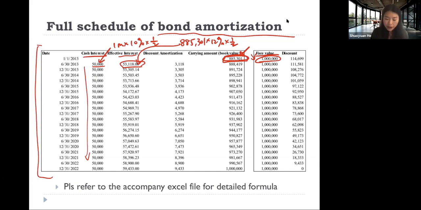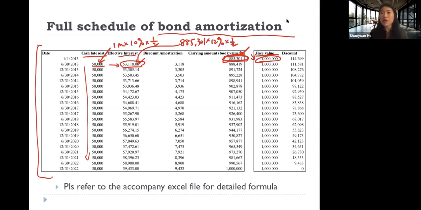And then these two numbers, unless your stated interest rate is equal to your market interest rate, these two numbers won't be equal. So under this situation, our market interest rate is higher than the stated interest rate, and then our effective interest is going to be higher than your cash interest.